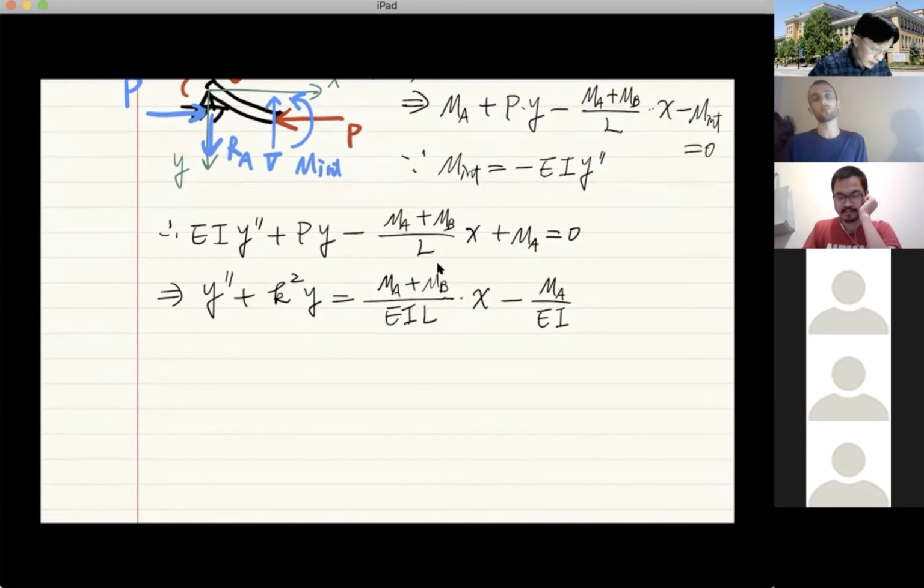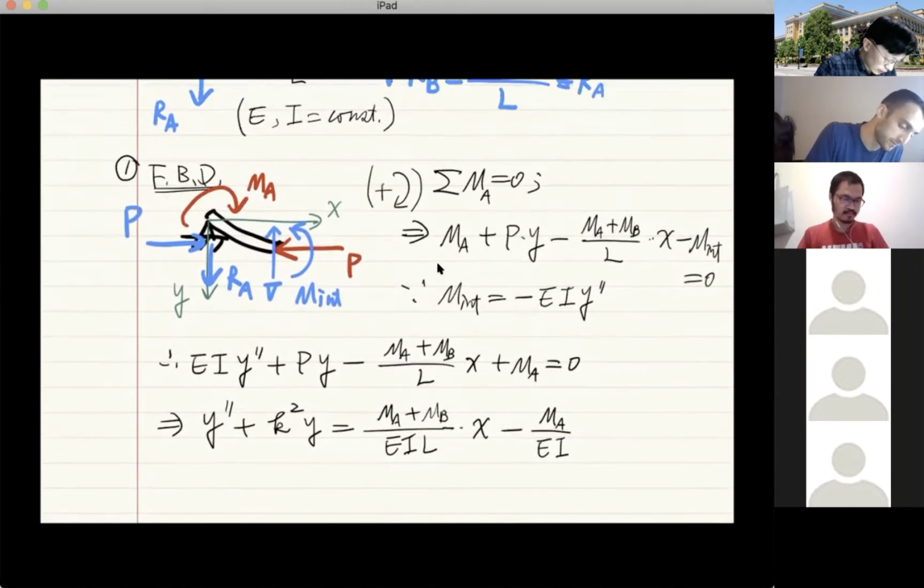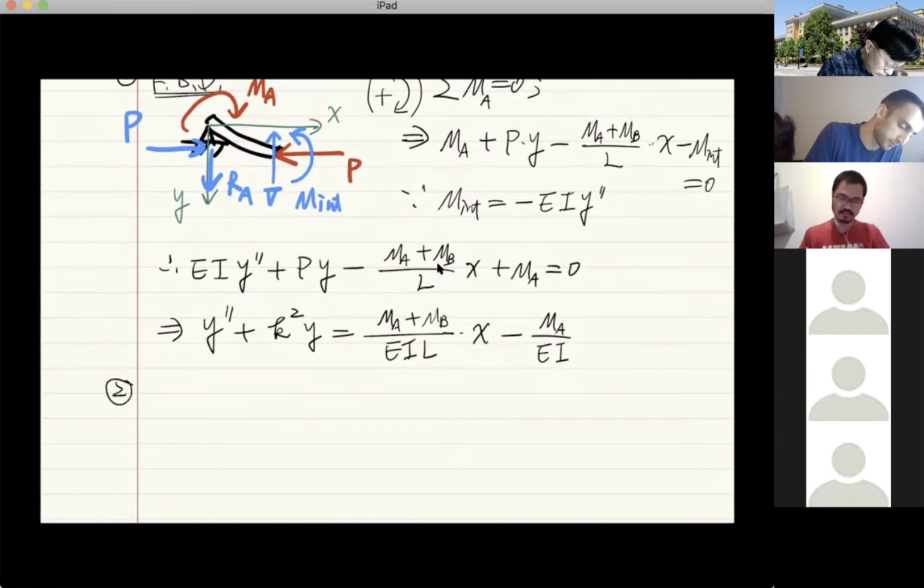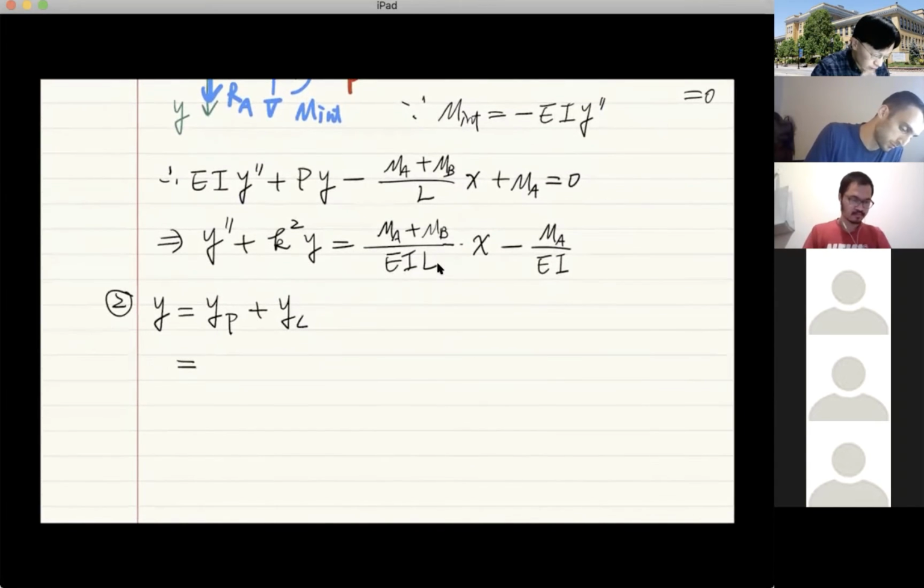And the general solution, which is a summation of particular solution and complementary solution, can be written like this: Y equals YC plus YP.